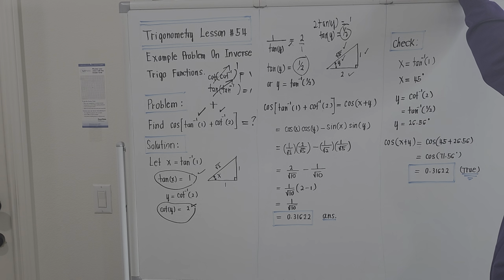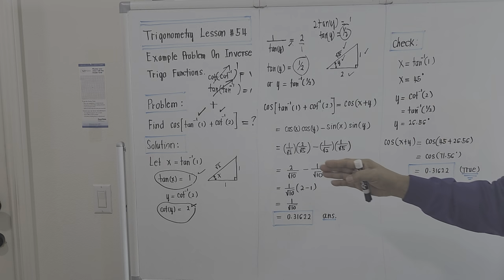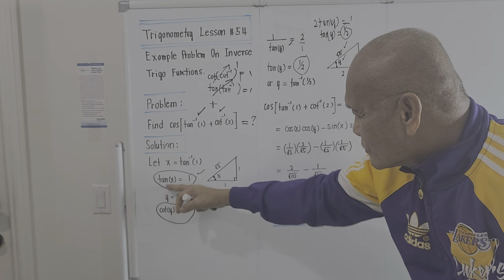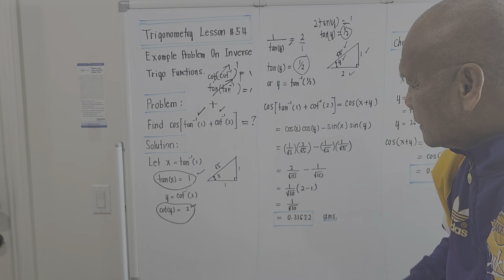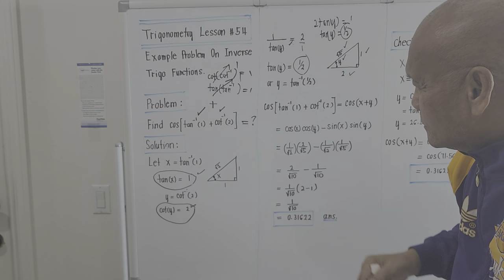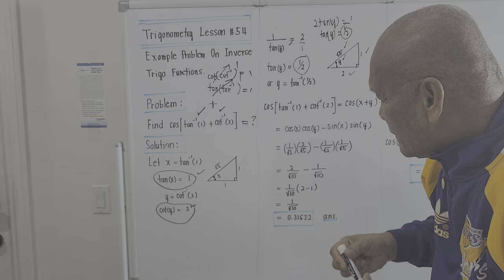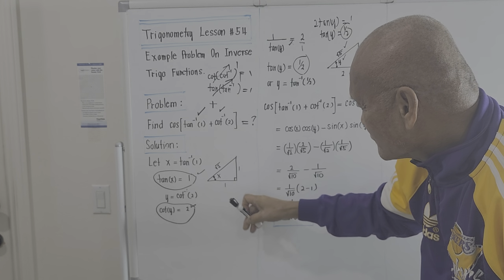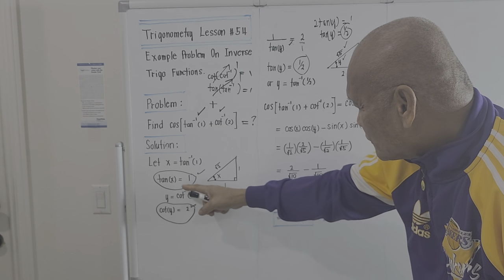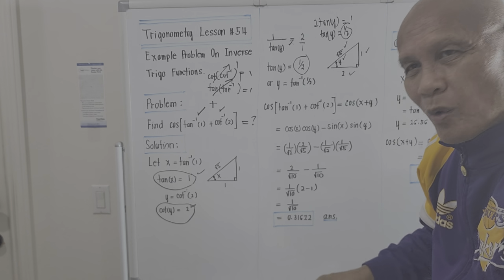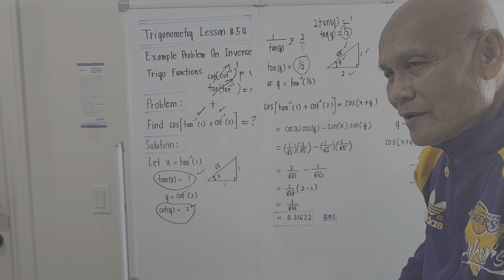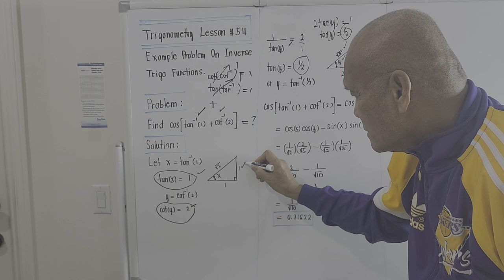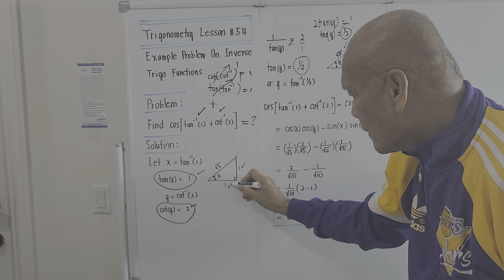For the first one, let's go back here. If tangent of x is equal to 1, like on the second one, we drew a right triangle. This is the opposite side, this is the adjacent side, this is angle x. If tangent of x is equal to 1, 1 is simply 1 over 1, meaning the opposite side will be 1 and the adjacent side will be 1.